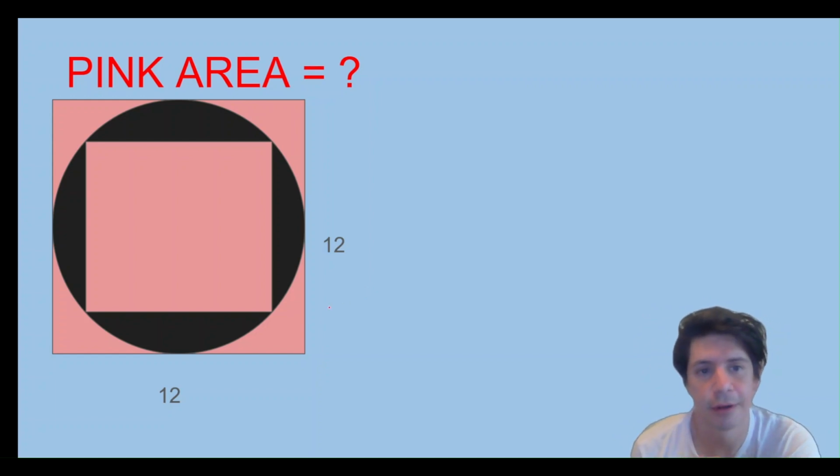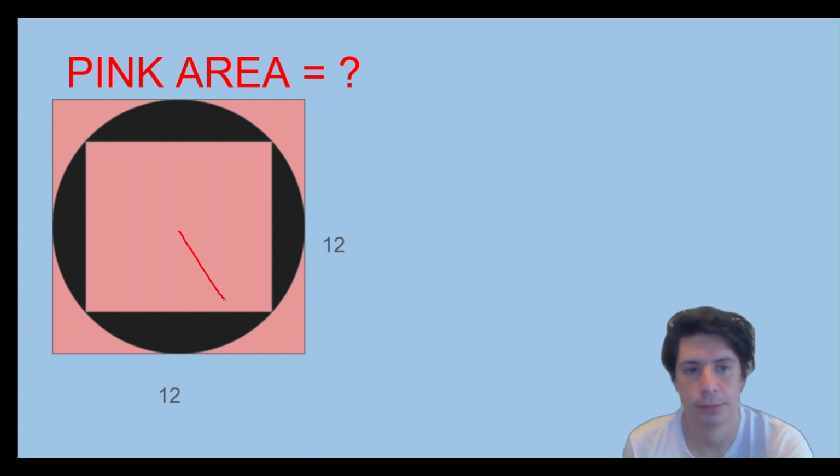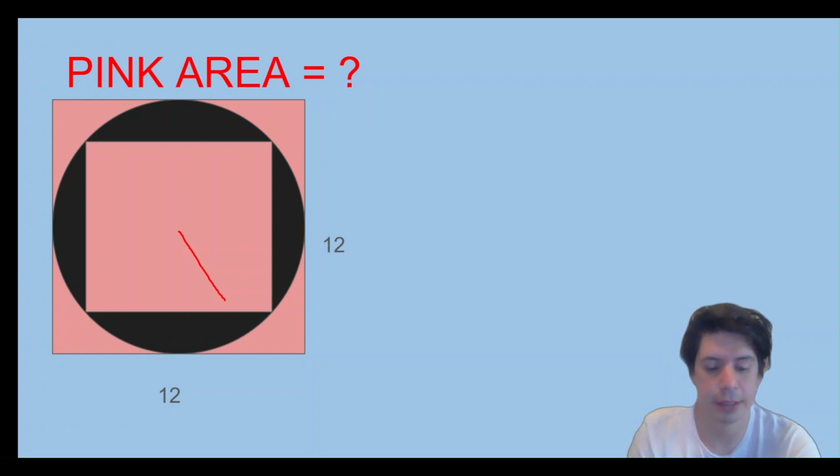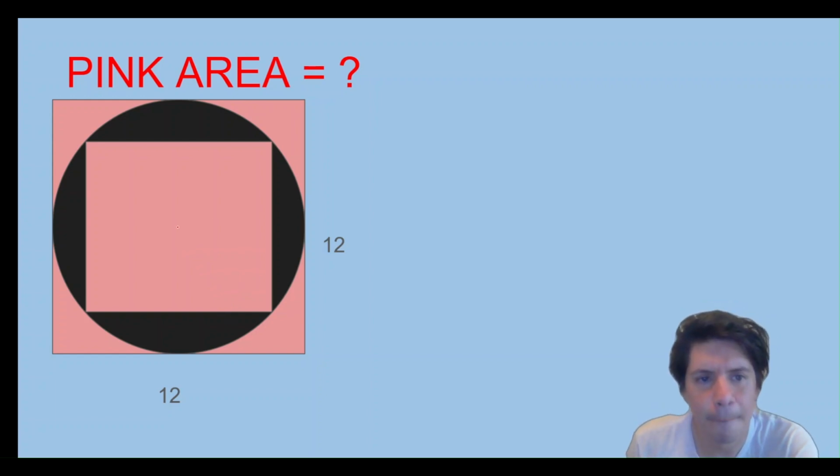So actually, I'm going to start by finding the area of the inside because that's the more new and exciting piece of information. That is going to be basically the same length as the radius, which we found before was half of 12.